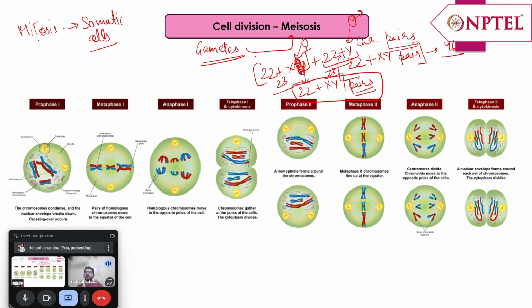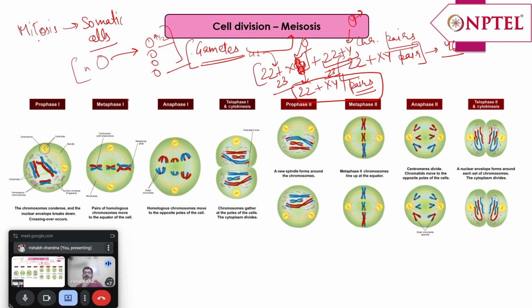How this 46 changes to 23 is basically answered by meiosis. Meiosis takes place in the formation of the gametes, where the cell is divided into four cells that have half the number of chromosomes that is present in the parent cell. This is the major advantage of meiosis.